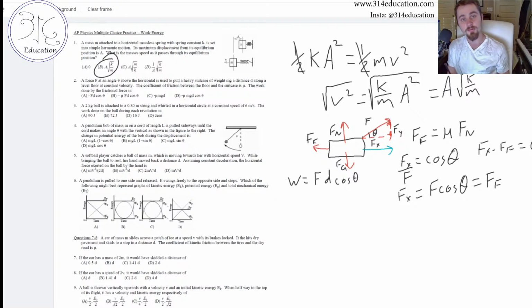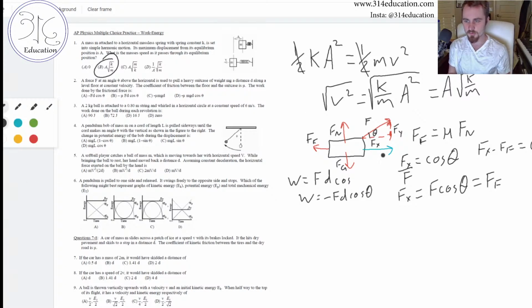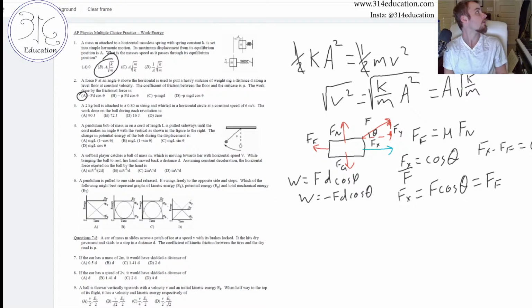So the cosine of 180 degrees is -1, giving us the work done as equal to negative F d cosine theta. I should be careful here because this is a different cosine theta. We'll call this one cosine phi or something. But that cosine phi gives us the -1, and this gives us letter A as our answer here.